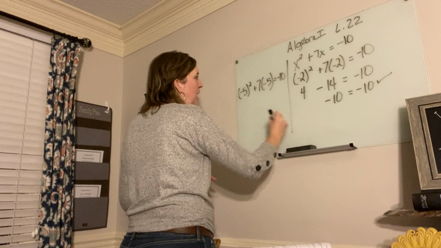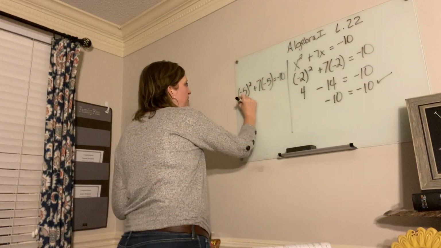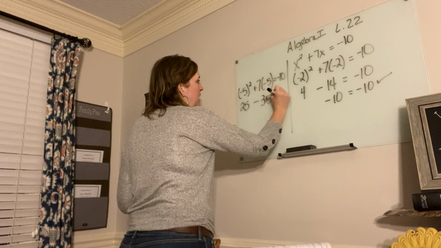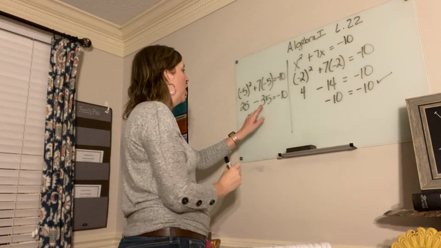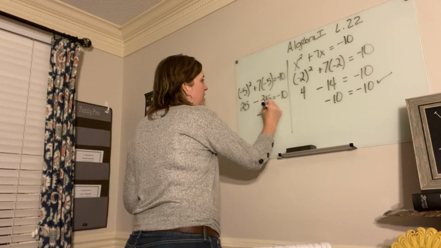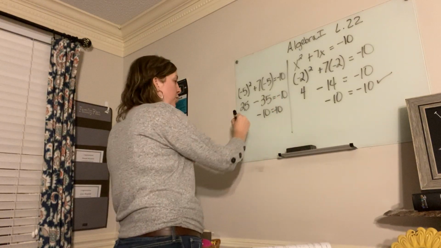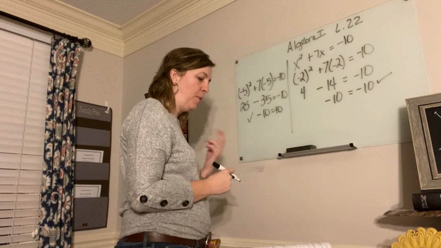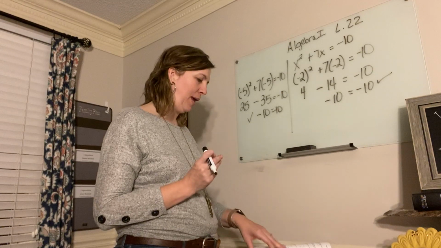I'm going to draw a line here so we don't get confused. -5 squared would be 25, minus 35 equals -10. If I have 25, but I owe 35, that would leave me with -10 equals -10. Is that true? Yes. So both of these are roots. Both of these are valid solutions. So that was letter B.